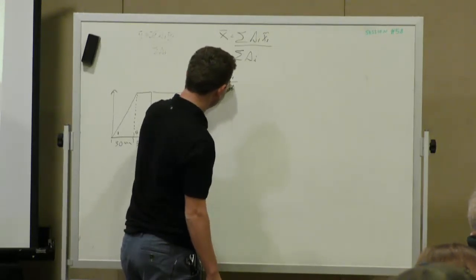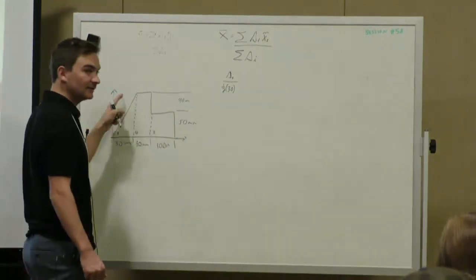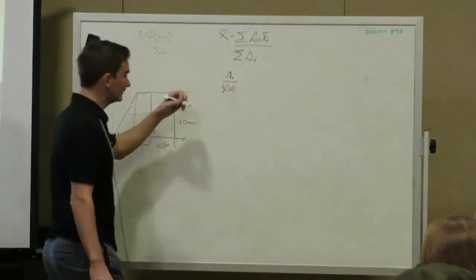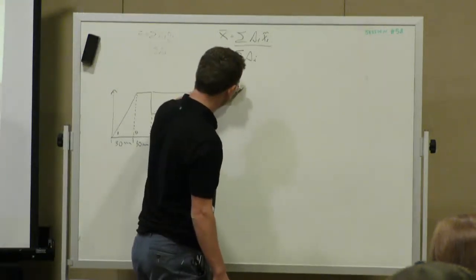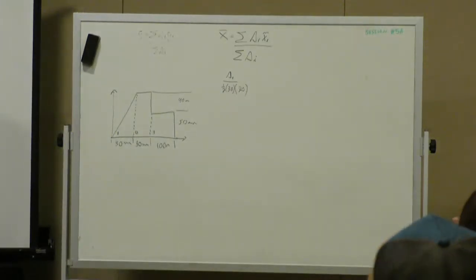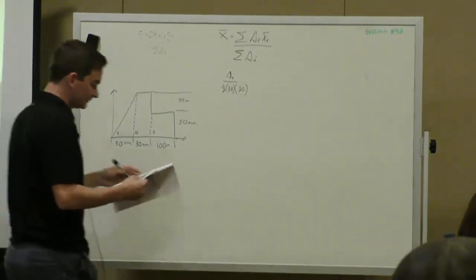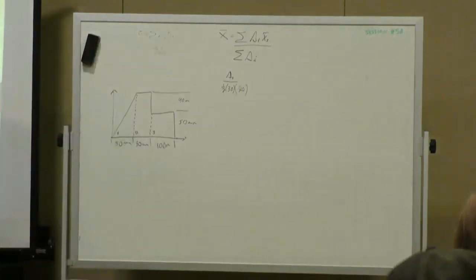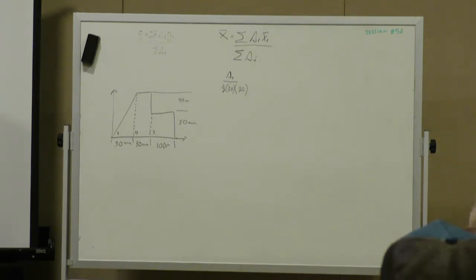Yeah, 1/2 times our base, and our height will be 40 plus 50, so times 90, divided by 2. Someone plug that in for me? 750. Did everyone else get 750? Very good.